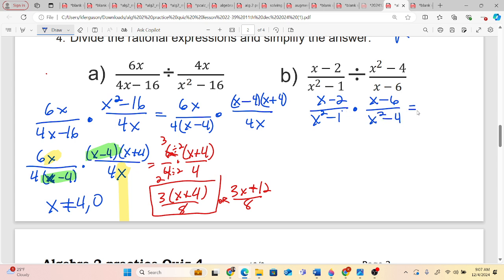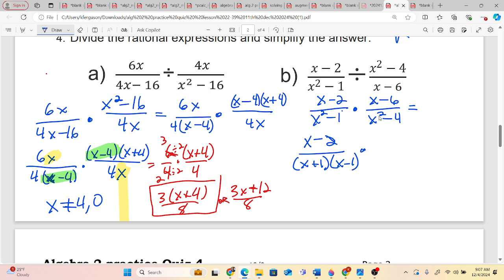So now I look at that, and I think, what kind of factoring can I do? You know what? I see some difference of squares. x squared is a perfect square, and 1 is a perfect square. So I'm going to rewrite that: x minus 2 on the top, and on the bottom I'm going to have x plus 1 times x minus 1.